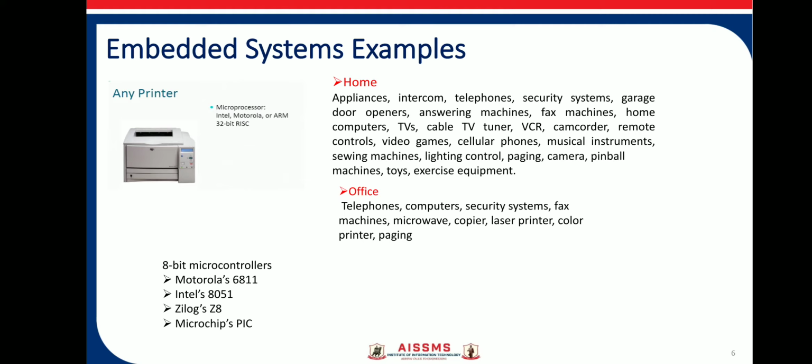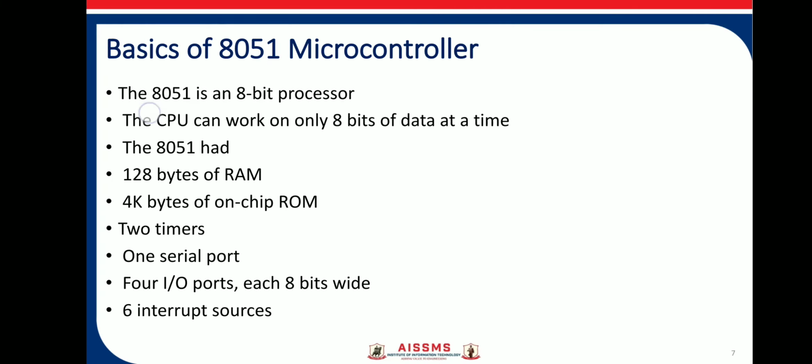In offices, the computer, security system, machines, microwave, copier, laser printer, color printer and pager. These are a few companies that manufacture 8-bit microcontrollers: Motorola, Intel's 8051, Zilog's Z8, Microchip's PIC.